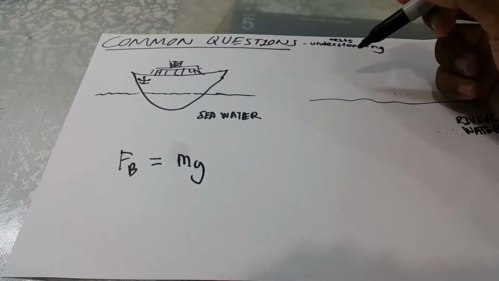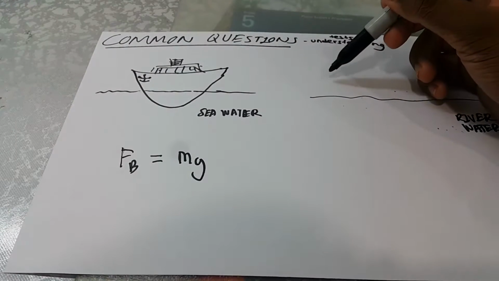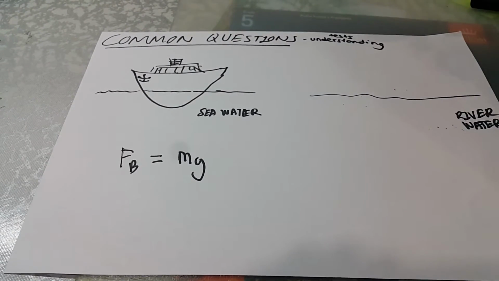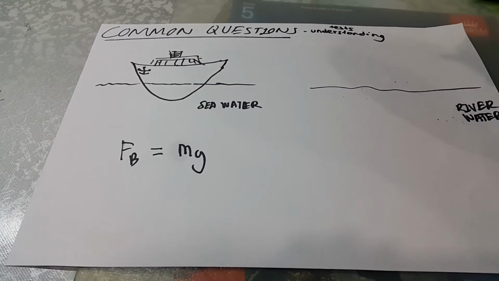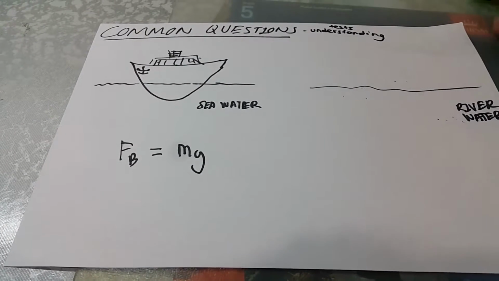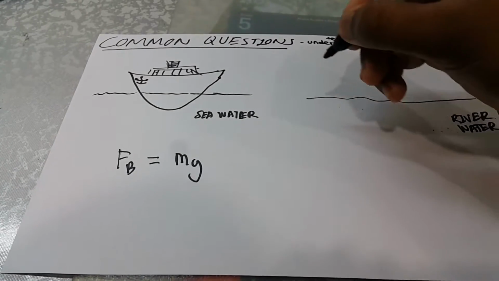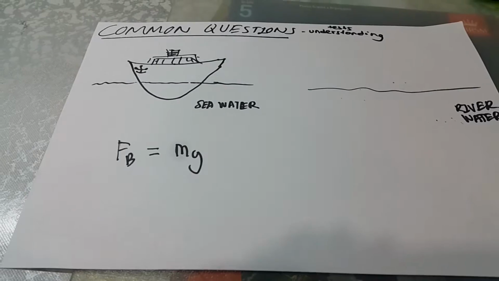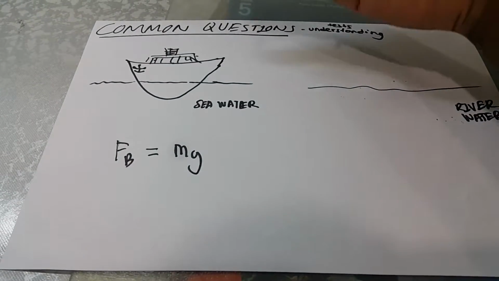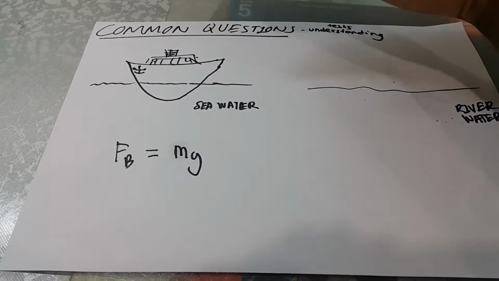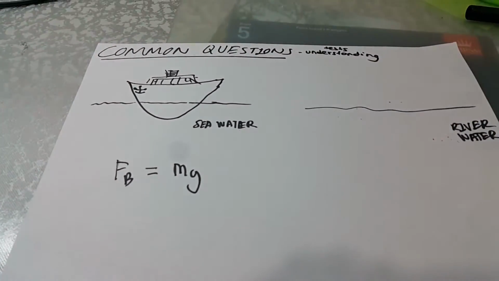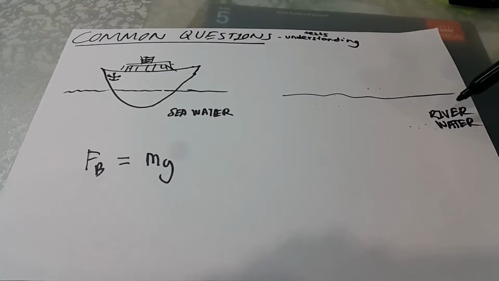Now assume that the weight of both ships that I'm going to draw is the same. So the buoyant force needed to keep them afloat is also the same. So what's the difference between seawater and river water?